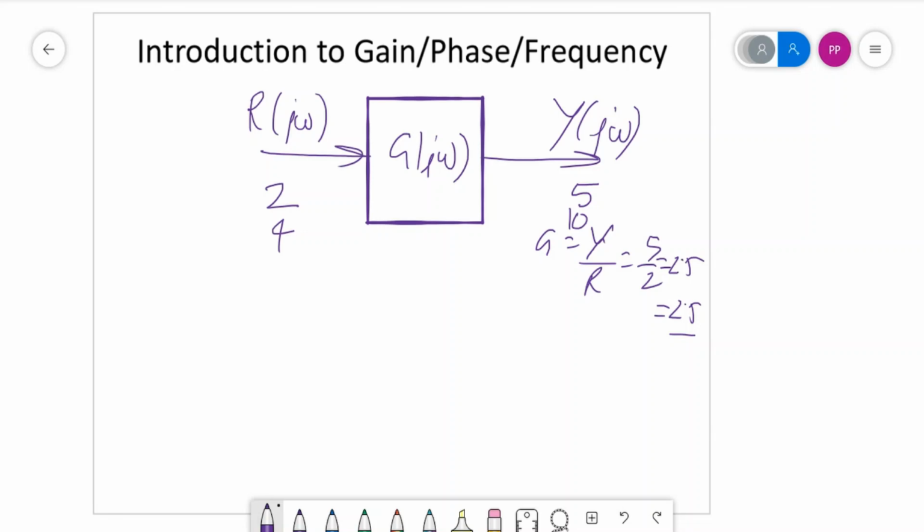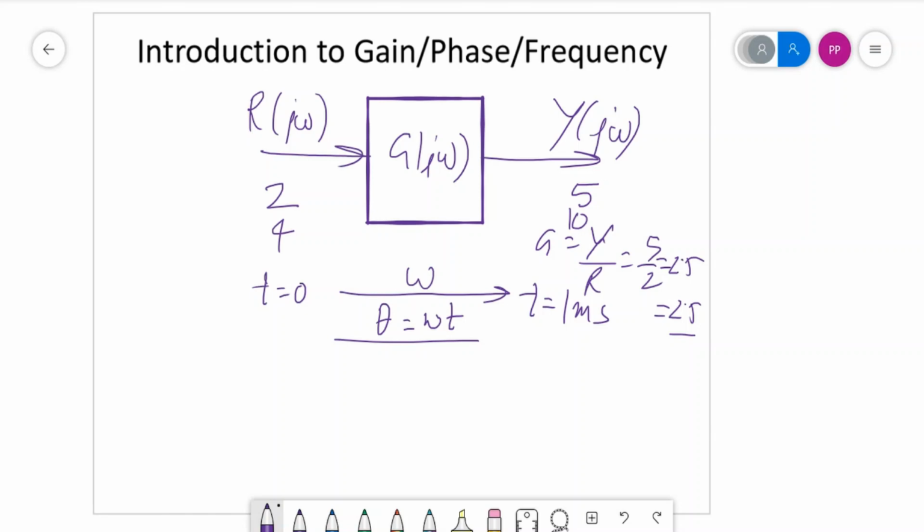Whenever we apply an input at some time t equal to 0, the output may appear after some time, maybe 1 millisecond. This delay will basically determine the phase of the system. So if you know the frequency omega, then the phase of the system is omega t. That is how we can determine the delay of the system.